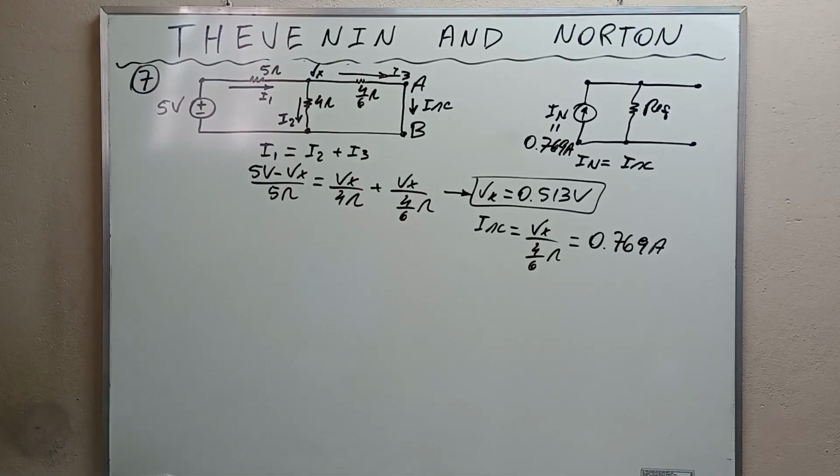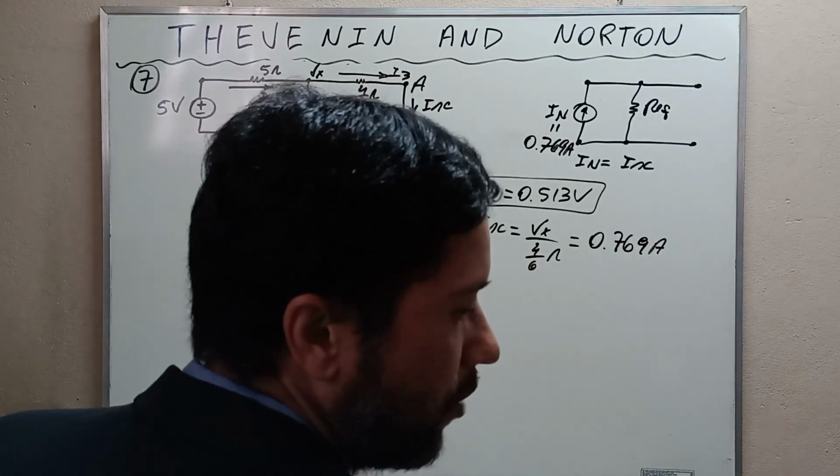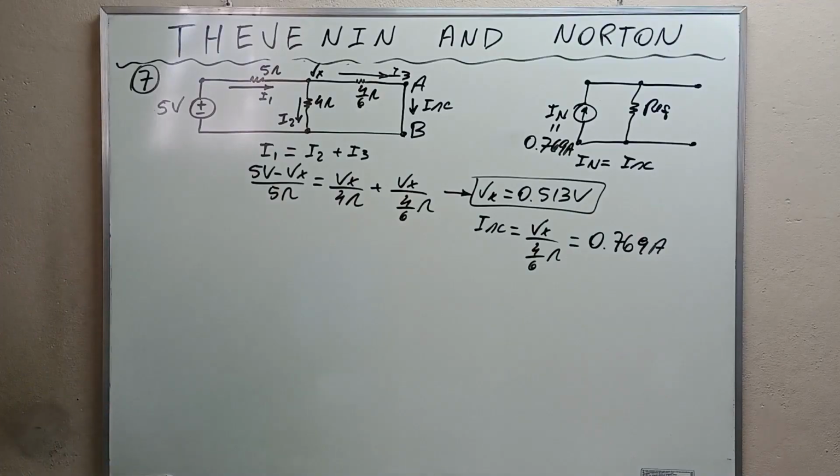And now the last step will be to find the equivalent resistance, and the equivalent resistance we already know, and we are going to do the same as we did when we calculated for the Thevenin equivalent circuit.